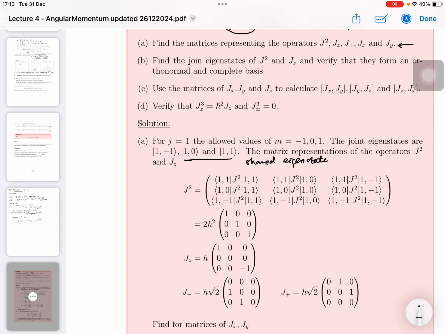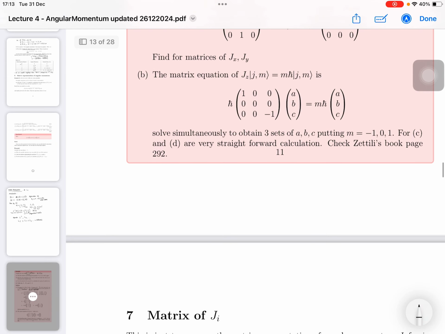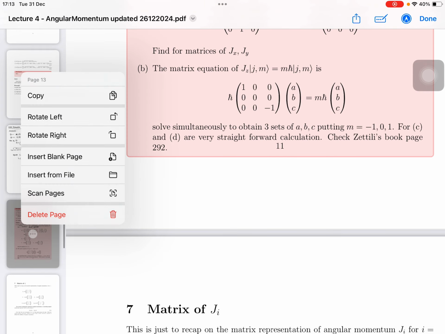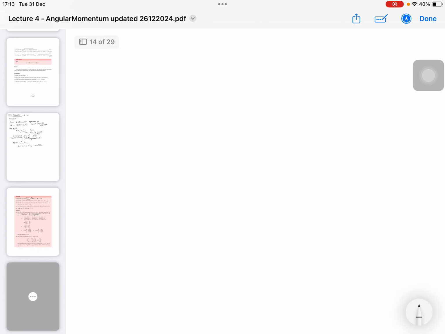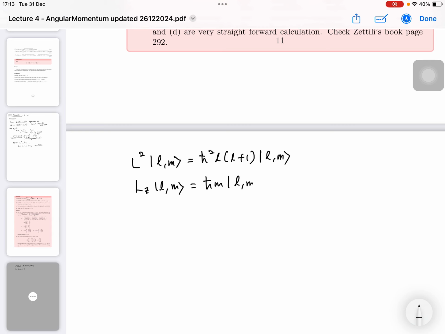So you see, for l, m, your M is L1. Now you go back to the form: if you have L square acting on l, m, this gives you h bar square l(l plus 1) times l, m. You go back to the original idea of the eigenvalue equations of your Lz and L square.